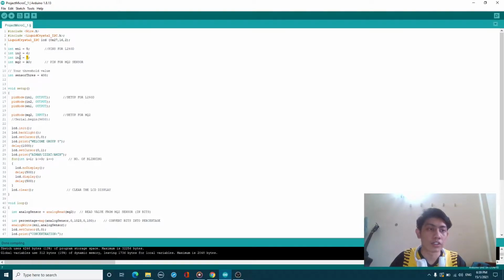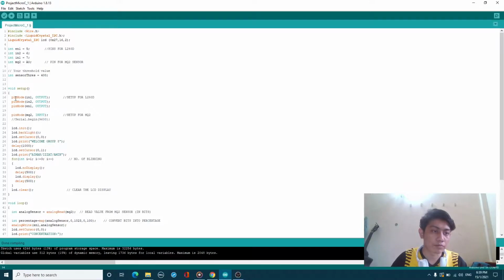For the declaration of MQ2, it is used for the MQ2 sensor, and it is connected to A0. The last declaration we made is sensor threshold, which is equal to 400, and this value is used to indicate and differentiate the level of concentration of smoke.